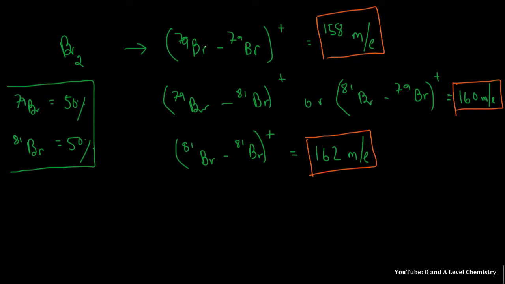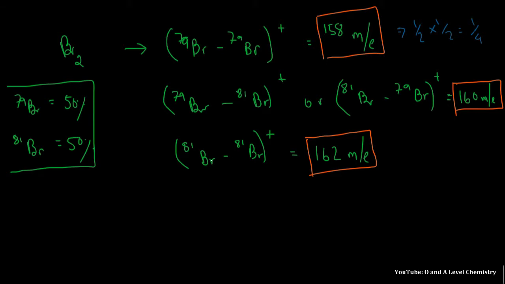So for this guy, 79, 79, what you need is a 79 bromine and another 79 bromine. And in probability, we know that whenever we have "and," we multiply the probabilities. So the probability of this guy is the probability of 79 bromine and another 79 bromine, which is half times half. So this guy's probability is 1 by 4.